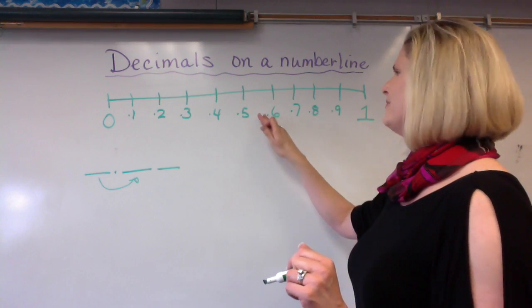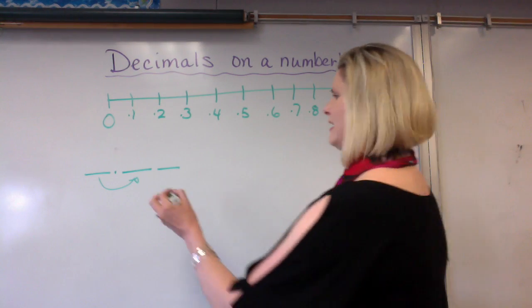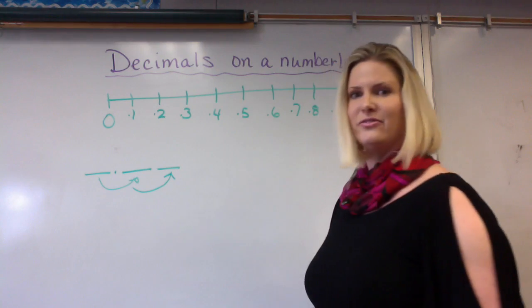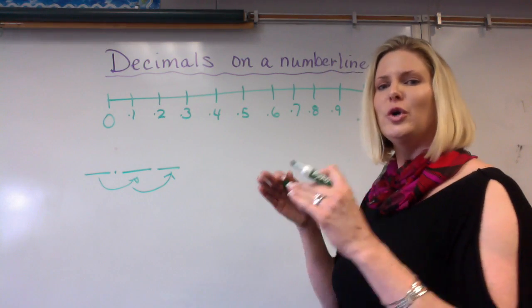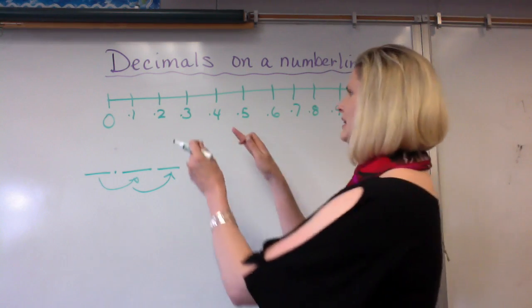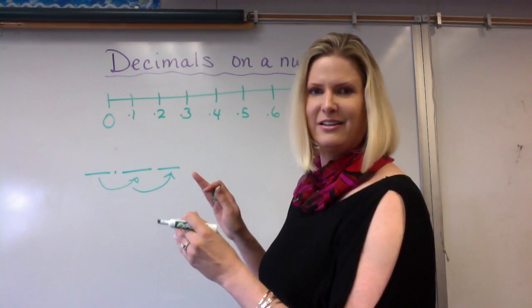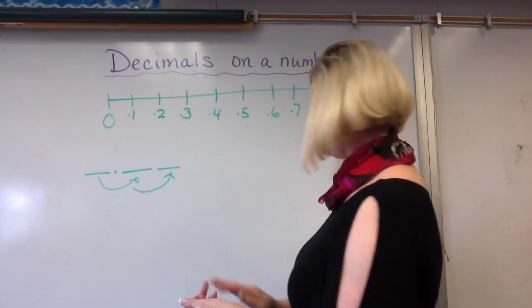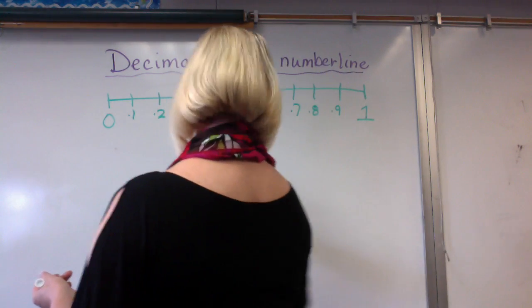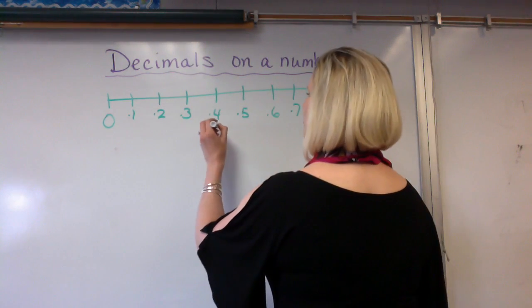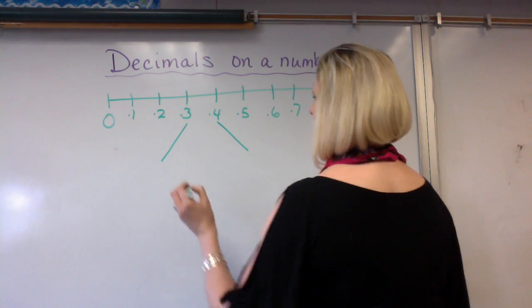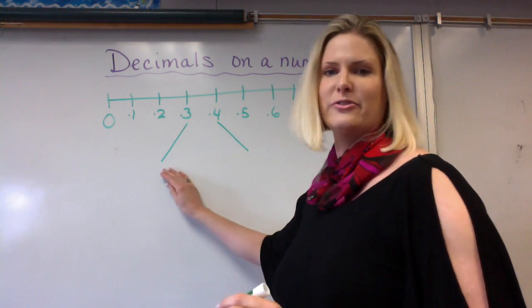Well, what happens if we go even smaller than our tenths place? What would be the next smallest place value? The hundredths. So your hundredths decimals lie in between your tenths place decimals. Let's go ahead and look at that. So if you have in between 3 tenths and 4 tenths, you will have your hundredths place.